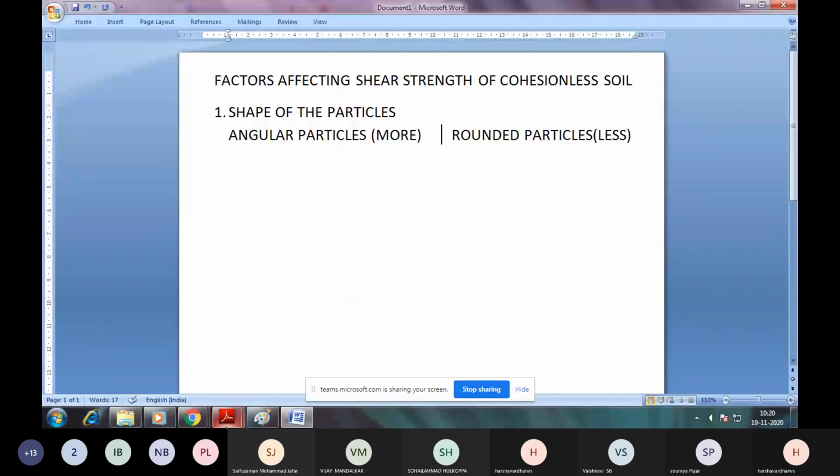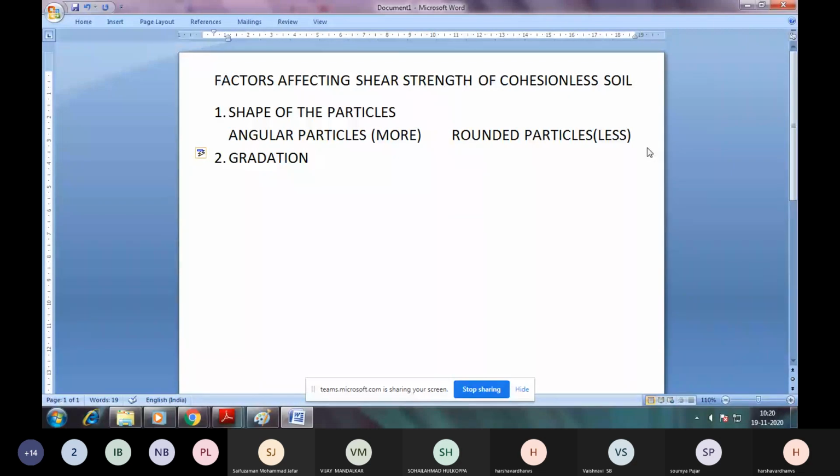So the next factor is gradation. You have learned about gradation in your first module. Whether the soil is well graded, poorly graded, or uniformly graded. Well graded meaning particles of all sizes are present in the soil mass.